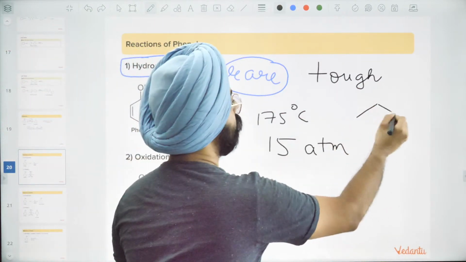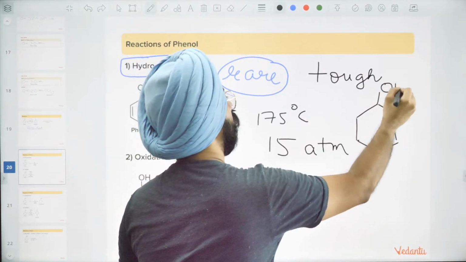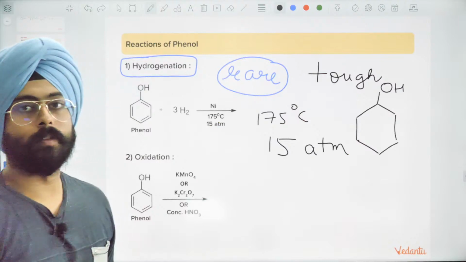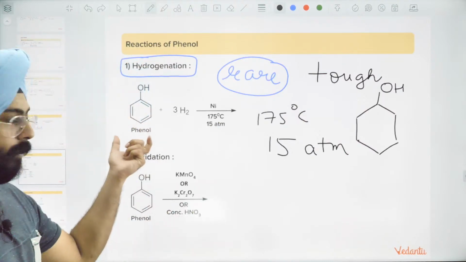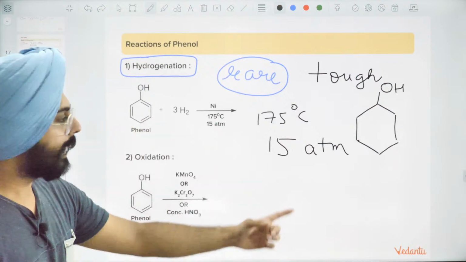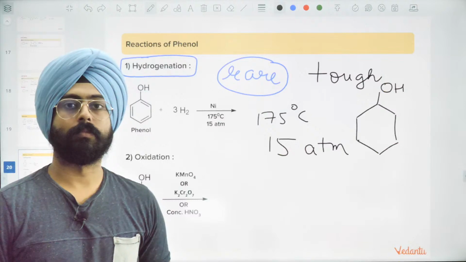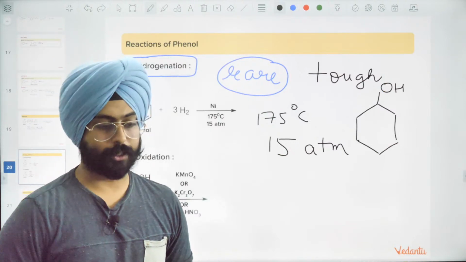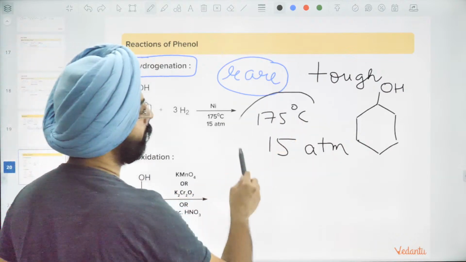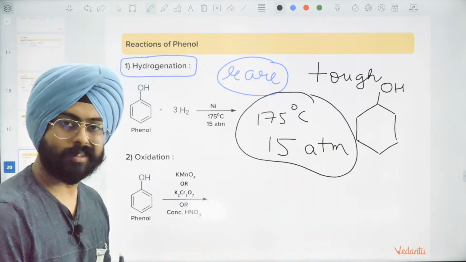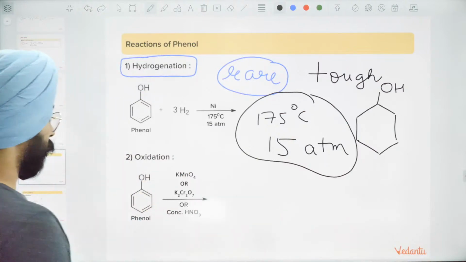You will essentially get cyclohexanol. ठीक है, so phenol is hydrogenated at such high temperatures and pressures to cyclohexanol. Very simple reaction. Once again, has to be done at very high temperatures. Normal hydrogenation doesn't work for phenol. ठीक है, phenol वैसे ही खुद बहुत stable है.